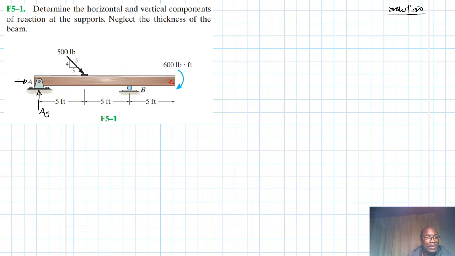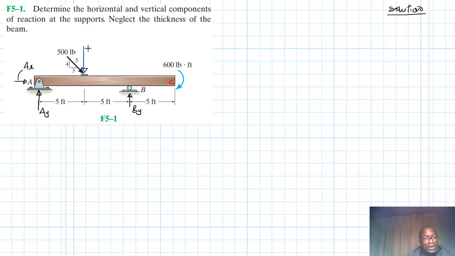Great. And then at the roller, we have BY. And then we are going to have two components, and they've given us already the slope for this particular force: the run of 3, the rise of 4, and the hypotenuse of 5.